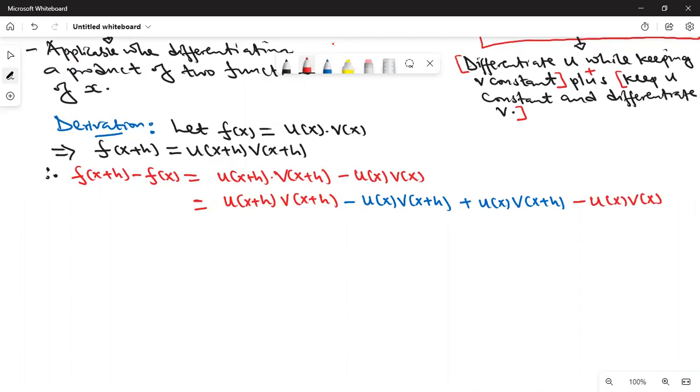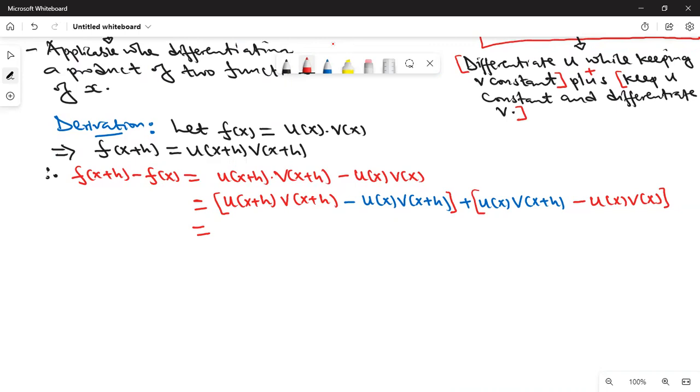And so this can as well be written as, I want to combine this to form one group and also this to form another group. In the first group, what is common? I can see v of x plus h is common.